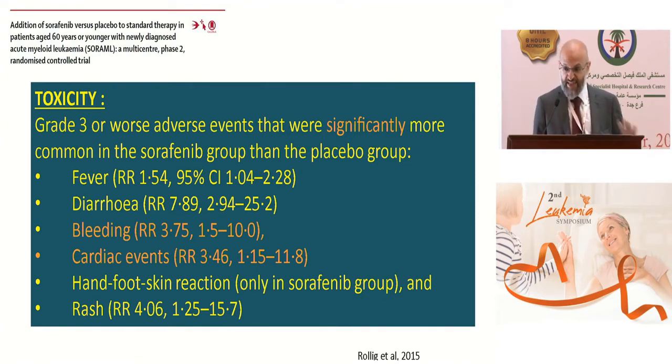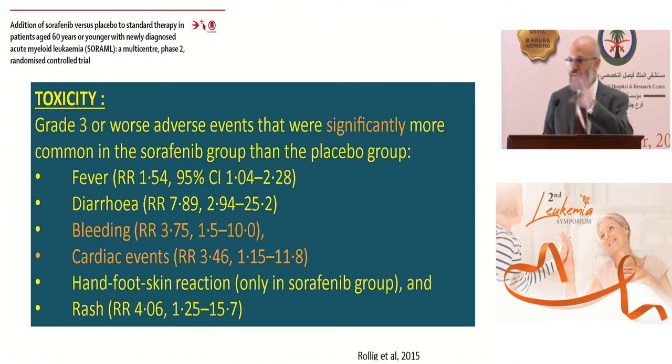Cardiac events, terrible skin reactions, and anyone who treats patients with hepatocellular carcinoma, renal cell carcinoma, would know the spectrum of skin problems that you can get with sorafenib. Rash. So that study did not support the use of sorafenib in AML generally, and it's not licensed for that.